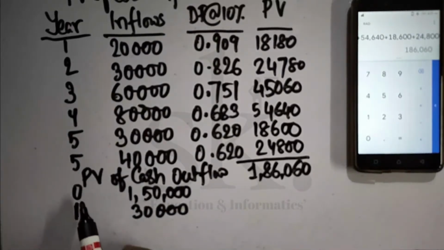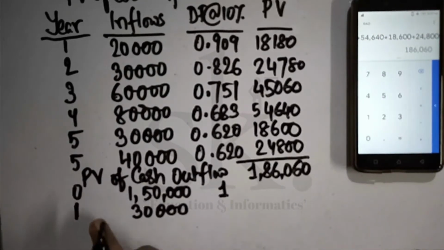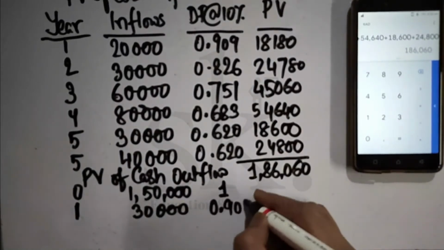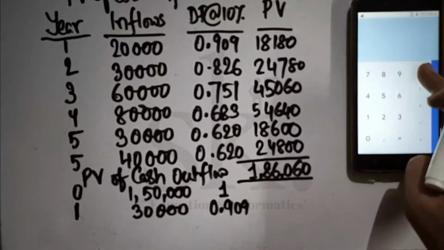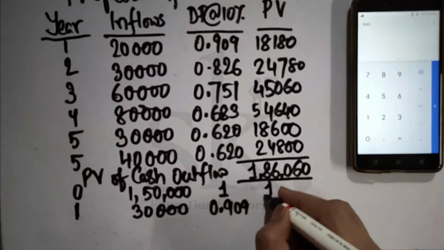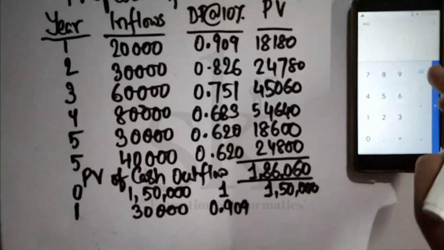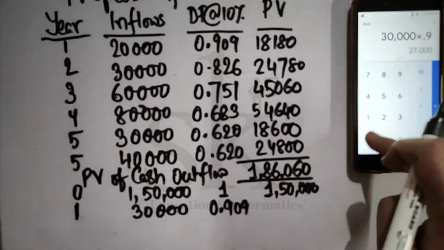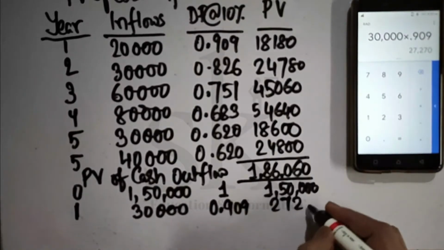Now, in the 0th year, the value of rupee 1 will be 1 rupee only. But for the first year, the value of rupee 1 will go down to 0.909. So we multiply 1,50,000 into 1, it's giving me 1,50,000. Then 30,000 into 0.909, it's coming 27,270.